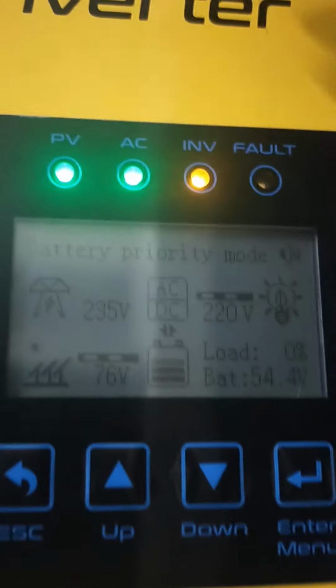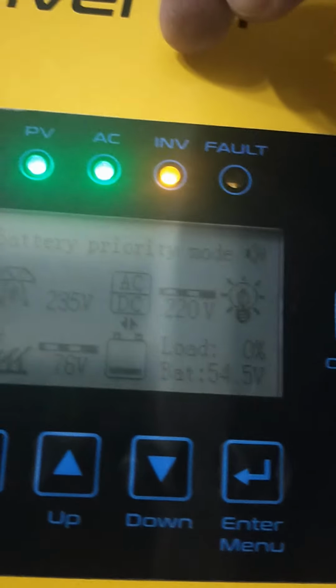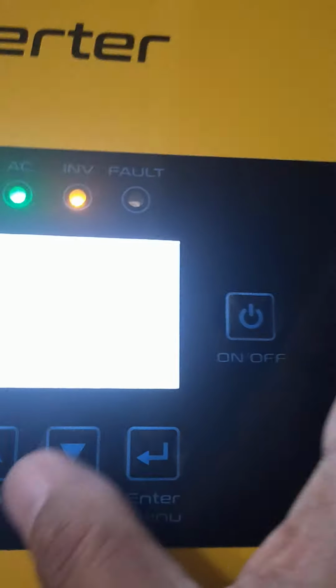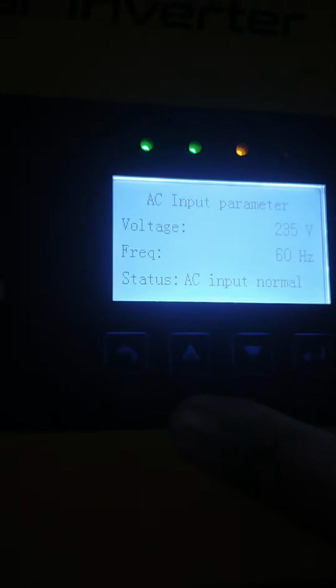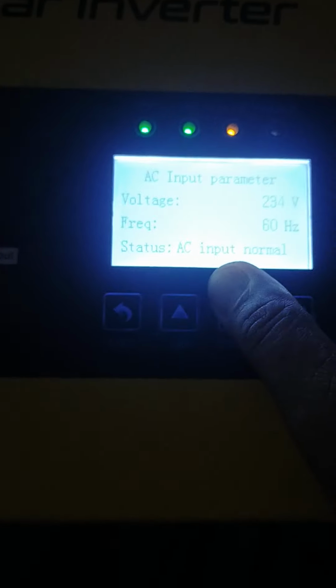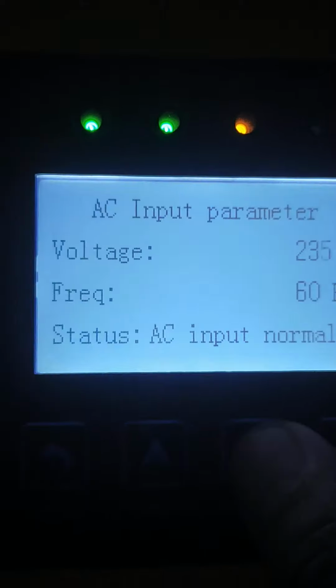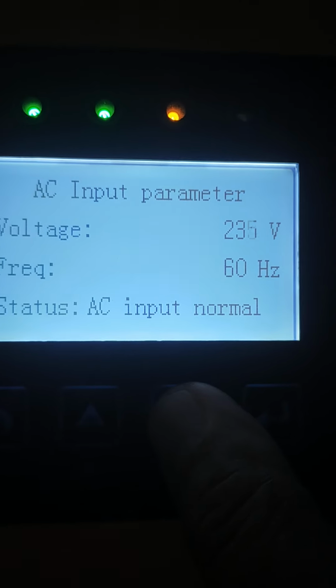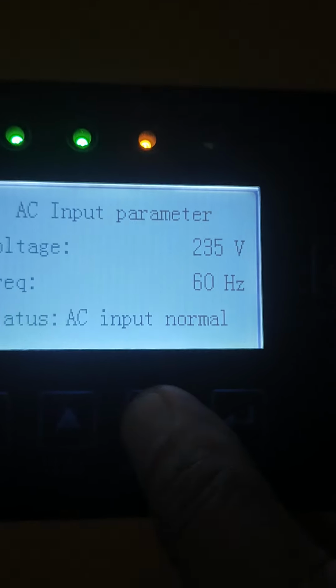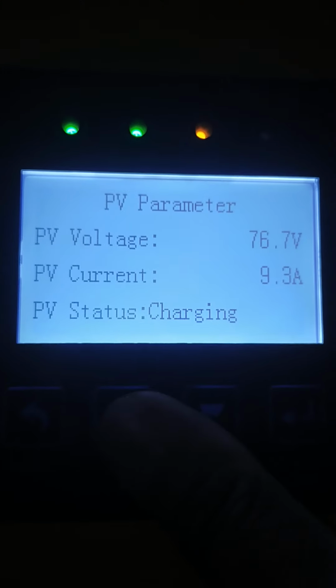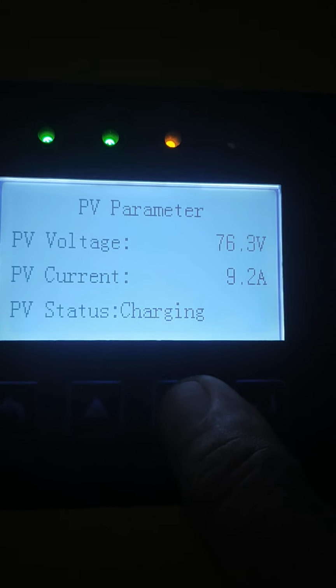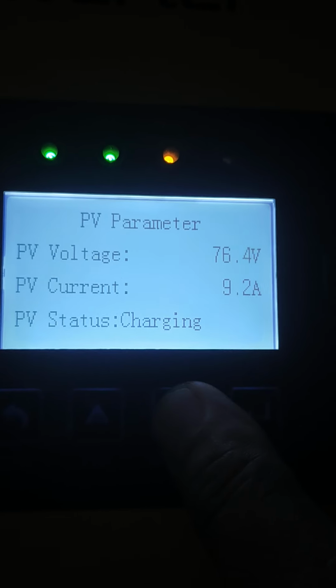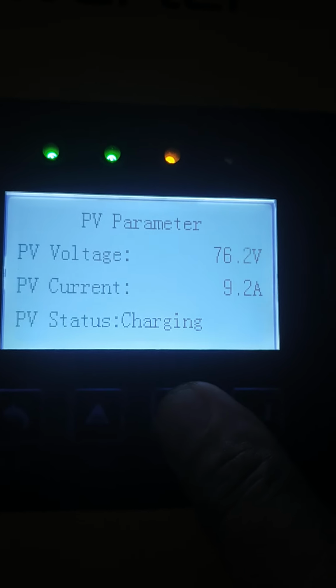PB and AC input are green and the orange is inverter. Inverter is functioning. Setting up AC input normal. AC input now is normal, 235. PB 76 is charging.